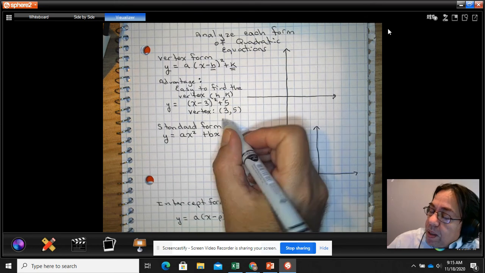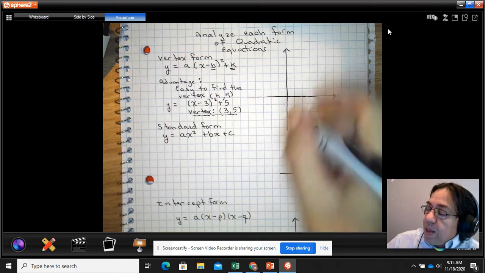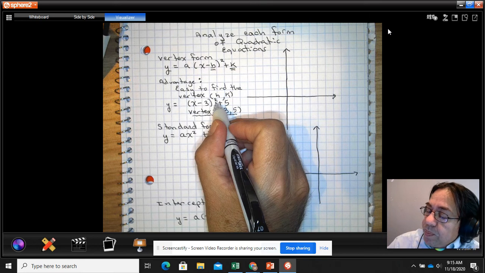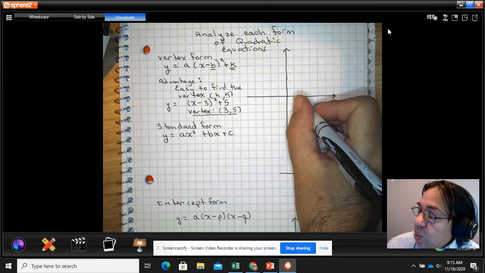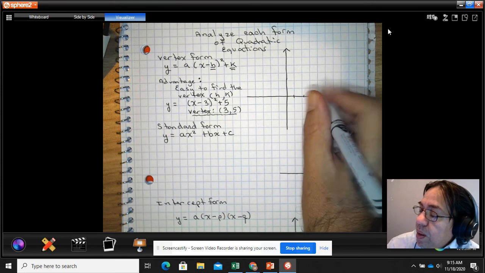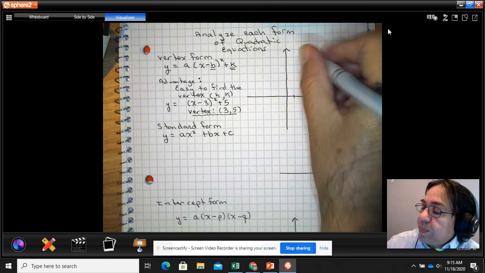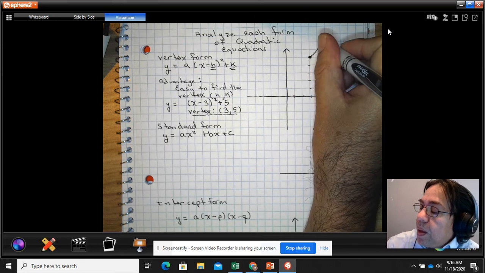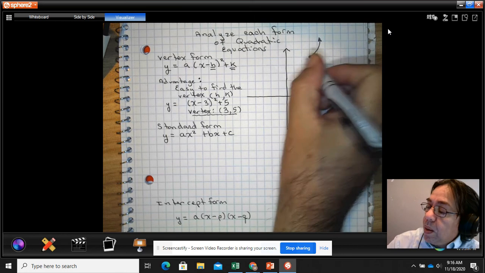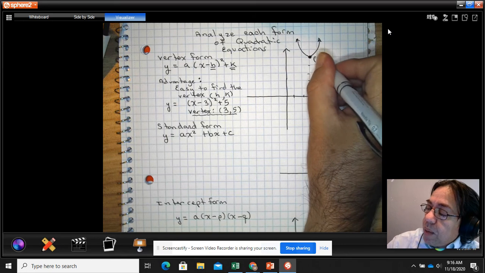What does it mean that we have a vertex at (3, 5)? That means that we have a parabola. We know it's a parabola because it's squared, that has a minimum value at 1, 2, 3, 1, 2, 3, 4, 5. That's your vertex, (3, 5).